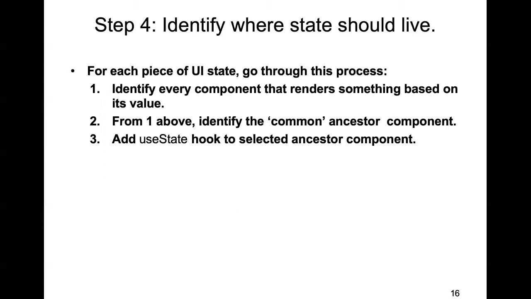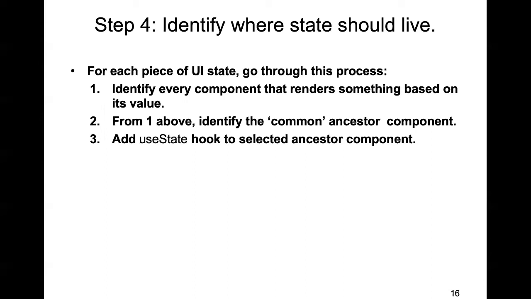And so all you do is you identify each component in the hierarchy that needs to know the current value of the state data, because presumably it uses it to do some sort of computation. So for a particular piece of state data, you might have identified 2 or 3 components that need to know the current value of it.